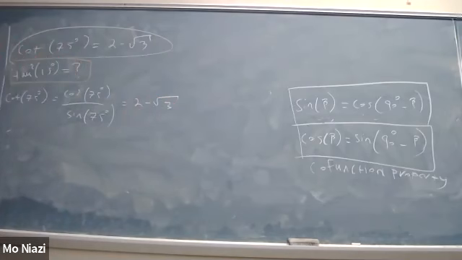But we want to find tangent squared of 15. Okay? Somehow we have to convert the given information into a tangent. And then somehow we have to change the 75 to a 15. How are we going to do that?